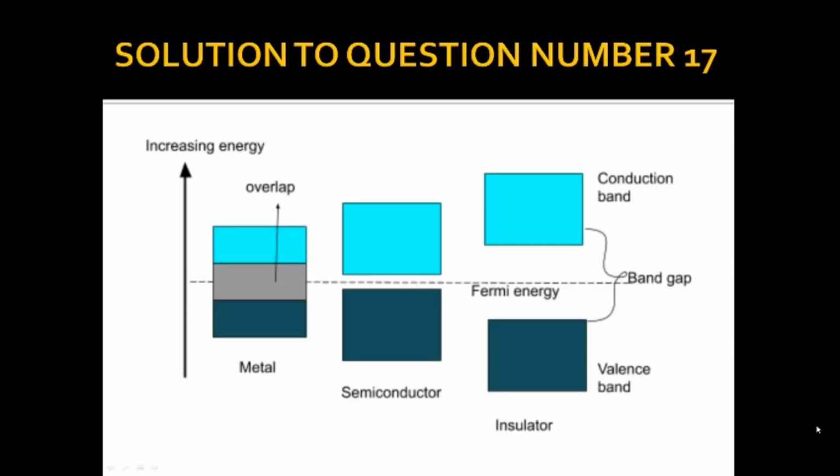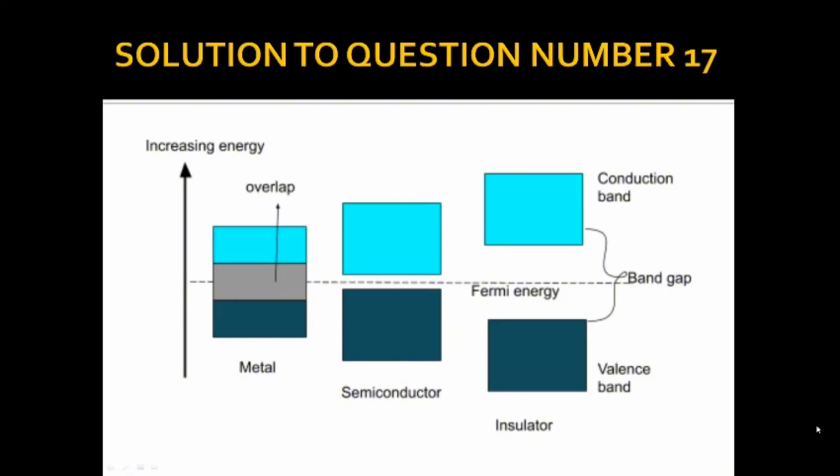Now look at semiconductors. You will see a band gap, yes, but it's small, such that an electron that acquires energy from the valence band can move to the conduction band with ease and conduct electricity. This is a semiconductor.